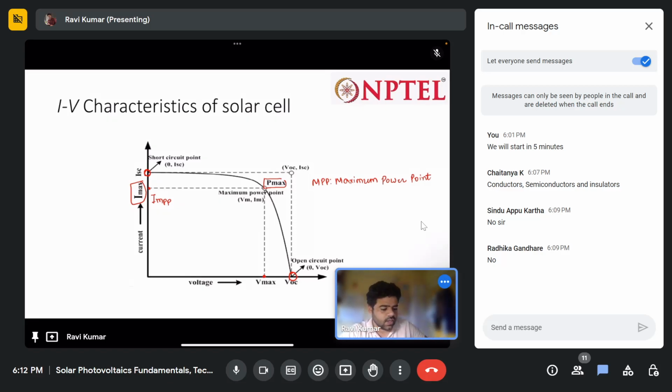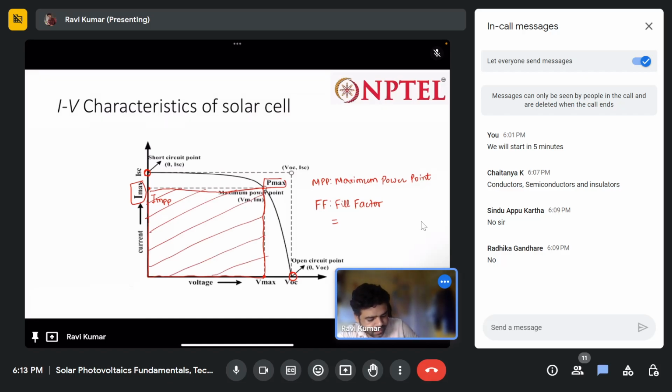Here we have the fill factor. It is defined as this area divided by this total area.